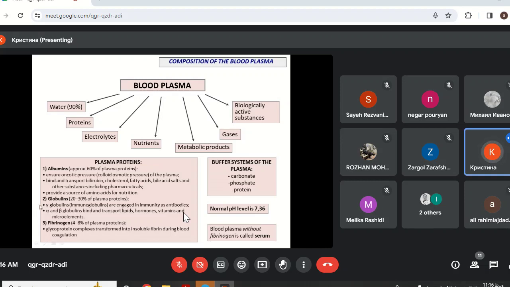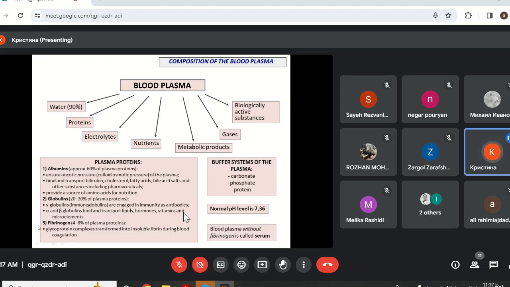So gamma globulins, or the same immunoglobulins, are the proteins released by the so-called plasma cells, which perform the function of humoral immunity, and they are known as antibodies. Alpha and beta globulins take part in transporting of lipids, hormones, vitamins, and microelements.